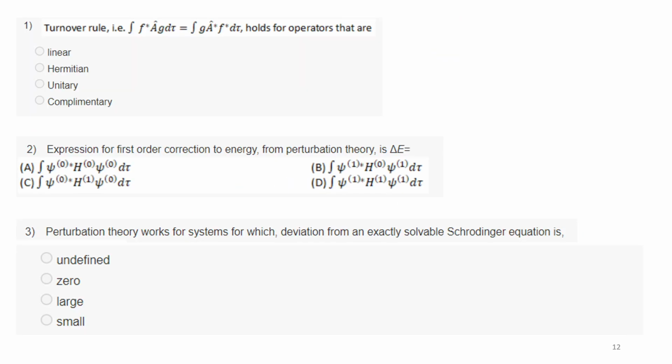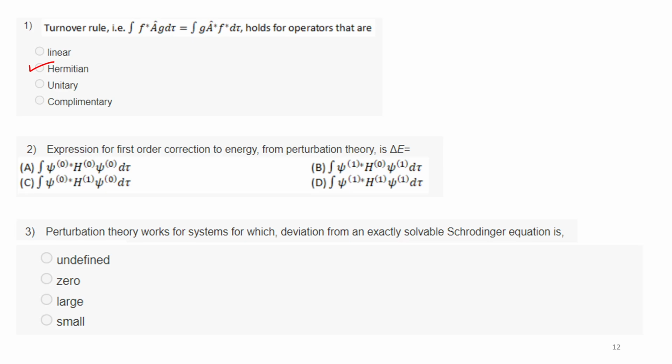The first question asks about the turnover rule, that is the integral of f star A g d tau equals the integral of g, A operator's complex conjugate, and f complex conjugate d tau, which holds for operators that are Hermitian, not for other operators.